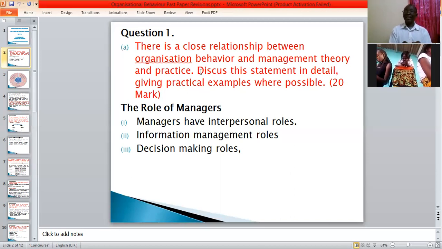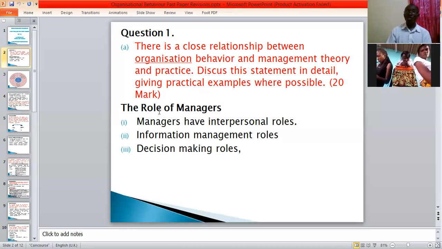So you find that what you are studying in management is human beings, and what we are studying in organization behavior is the behavior of human beings in an organization setup. So that is the close relationship that is there.